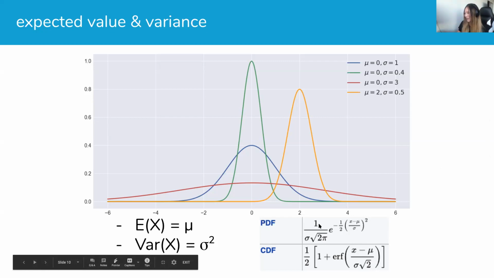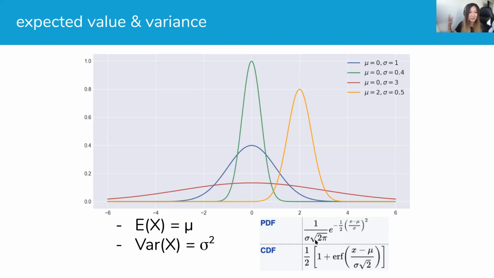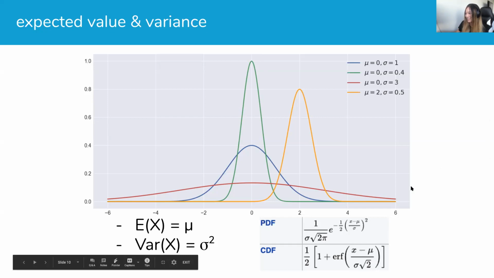So as you can see here, we have 1 over standard deviation multiplied by 2 pi, multiplied by e raised to the power of half, blah, blah, blah. That is the equation that gives you these lines.